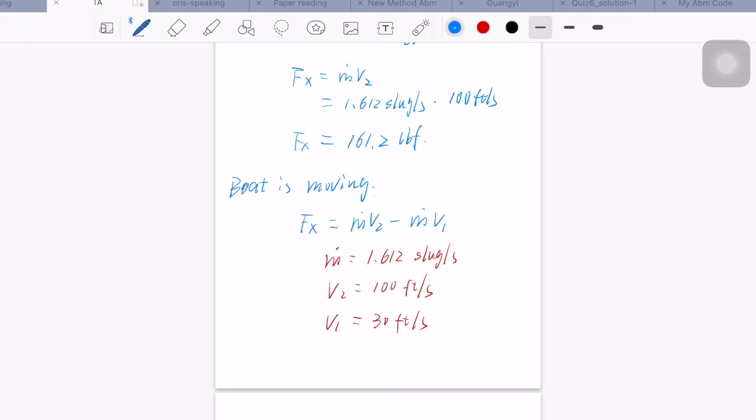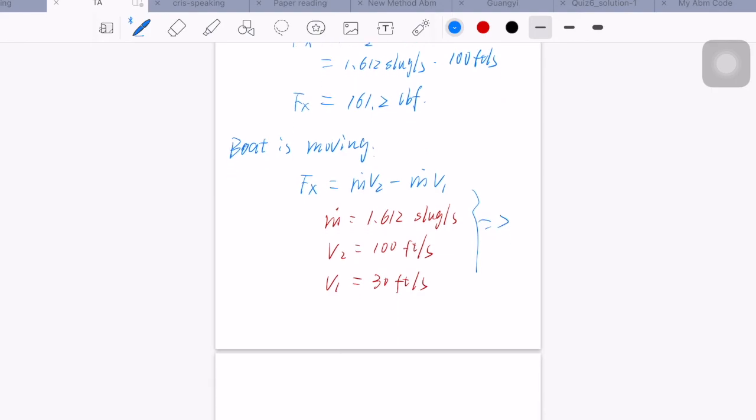So we can determine that the Fx should be equal to 112.84 pound-force. So we finished this problem.